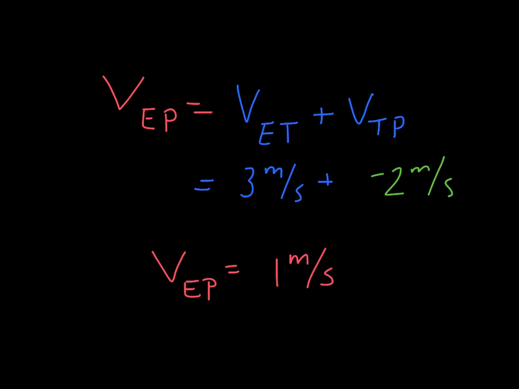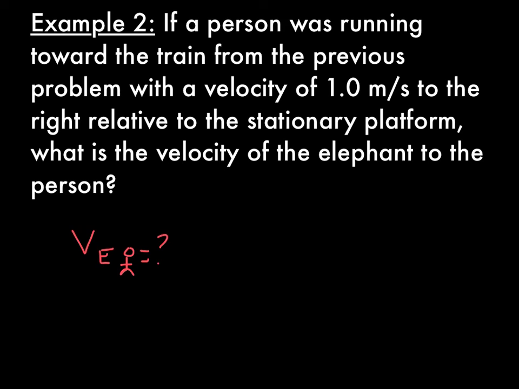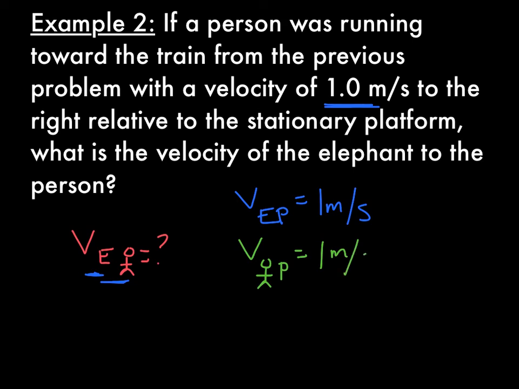Also very important, match the middle terms. So now we've got a person moving relative to the platform, and I want to find the velocity of the elephant as measured by this person. So if we recall the last problem, the velocity of the elephant relative to the platform equals 1 meter per second. And I'm giving you the velocity of the person relative to the platform equals 1 meter per second.